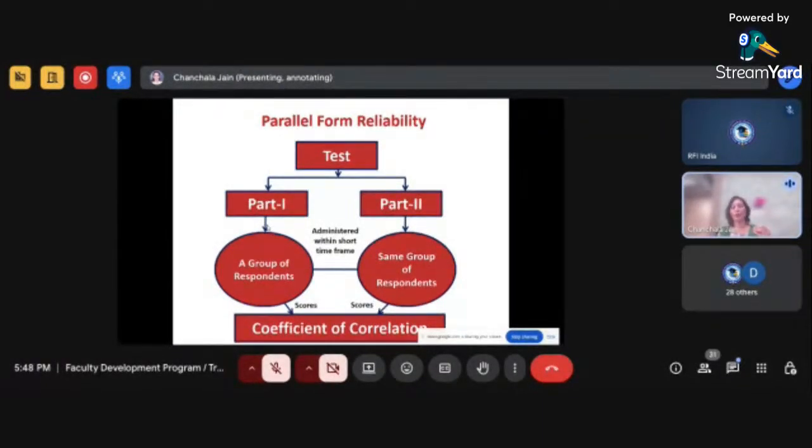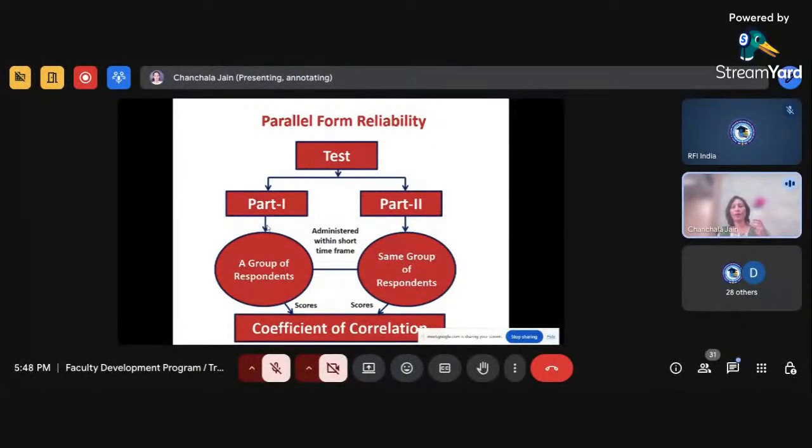parallel form reliability. So the main thing you can see here: initially you need to divide your questionnaire into two parts, right? One part will consist of some number of questions, the other part of other questions, and then you will circulate your questionnaire to the same group of people, but with a short time gap.